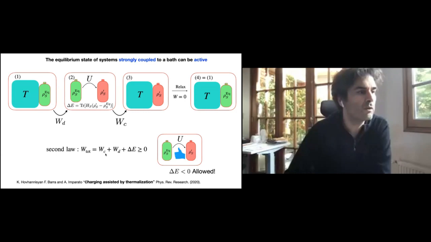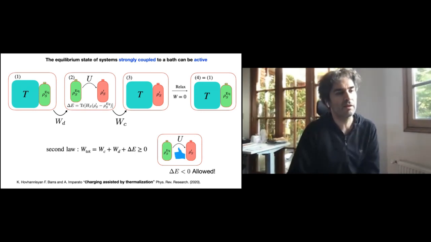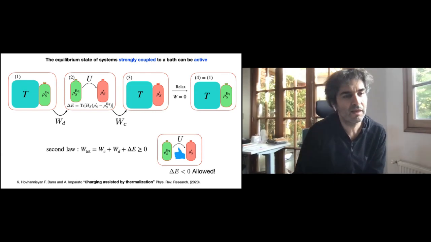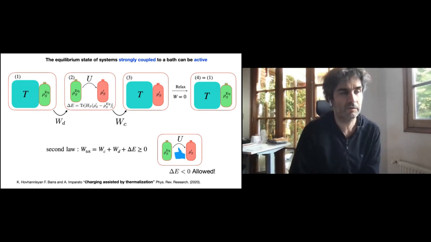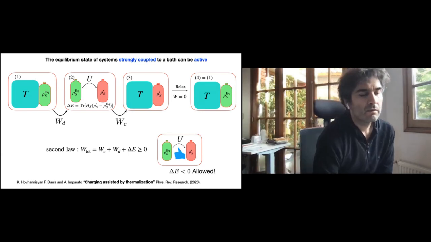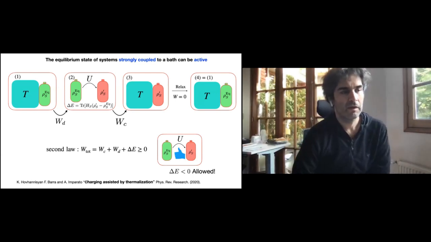So the total work performed on the cycle is the sum of these three quantities. And if the sum of the connection and disconnecting work is positive, then it is possible to have delta E negative. So delta E negative is allowed by the second law in the strong coupling regime, right? And this will be the focus of my talk.